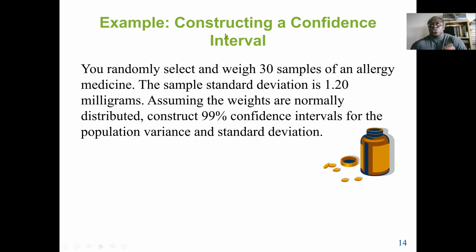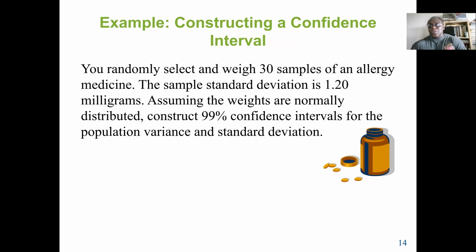So here we are going to construct a confidence interval using, again, variance. Previously, we constructed a confidence interval using the mean. We remember we have to find the margin of error, which will be the z of 1 minus alpha over 2 times the SE, which is the standard error.